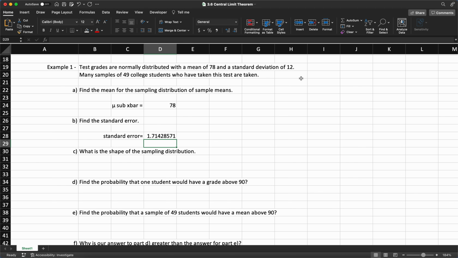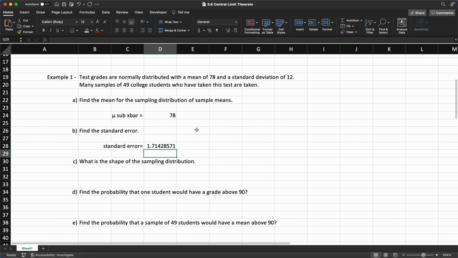But when I average their scores, it's going to be somewhat close to 78. And if I do that many times and then I average all of those sample means, not only am I going to be really close to 78, but the distance between the other means is also going to be much smaller than an individual person that I pull out of this population to see what their test score is.